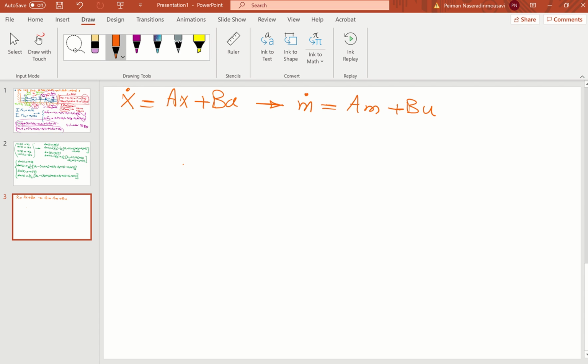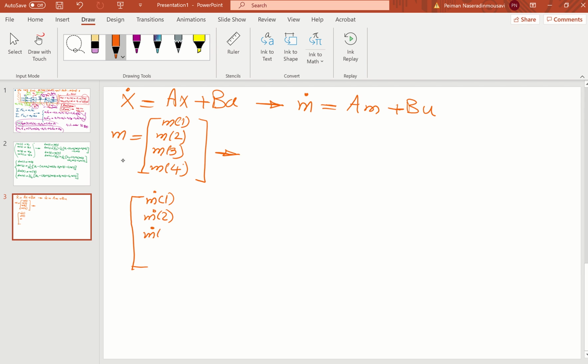So if you say your m is m1, m2, m3 and m4, you get m dot 1, m dot 2, m dot 3 and m dot 4.